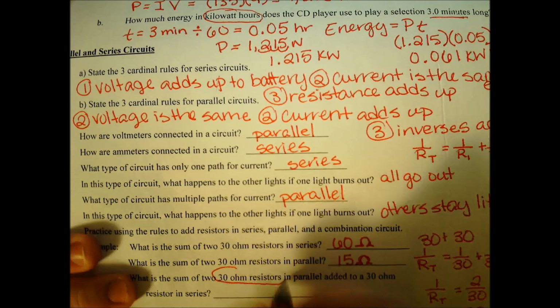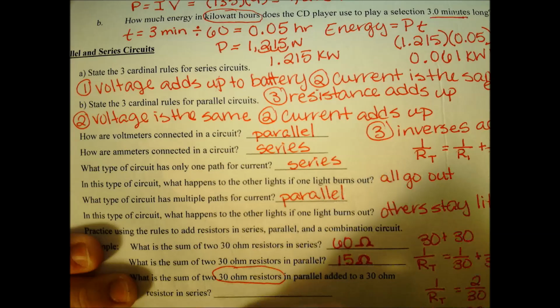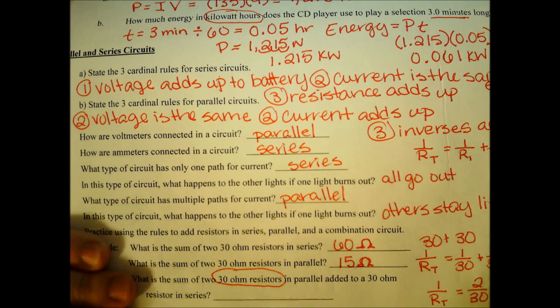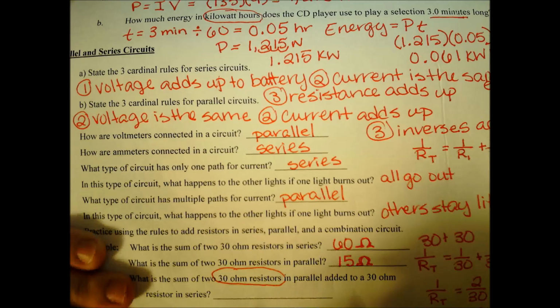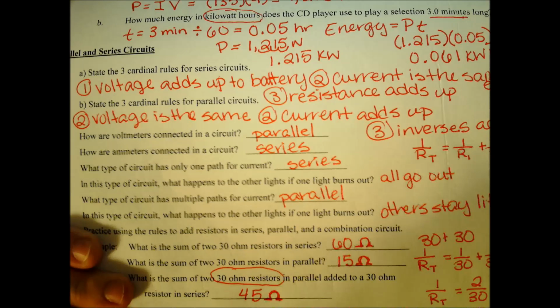So basically we just combine these two. So now we have one 15 ohm resistor and one 30 ohm resistor, and these are in series with each other. So at this point we can just add. So our total ends up being 45 ohms.